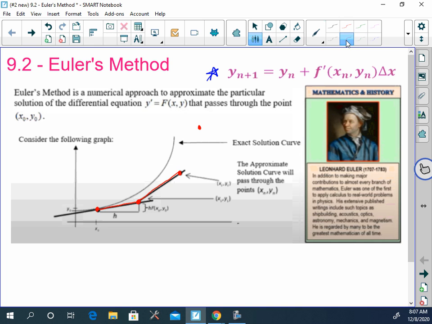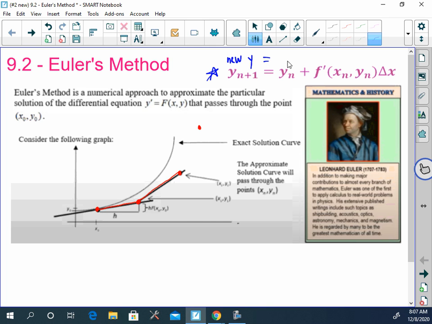But what this is really saying is if we're trying to find the new y value, this is our next y value, our y sub n plus 1. So this is our new y. And I would probably write this on your paper.